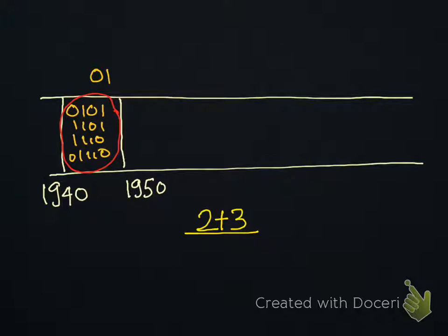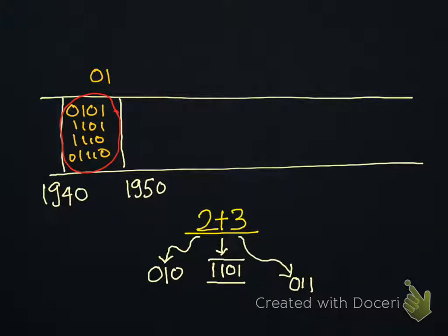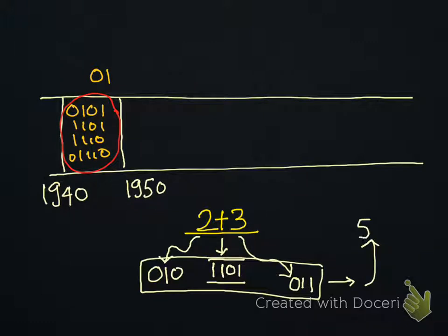But if you wanted to do the same thing using machine language, you would first convert the 2 into binary form, convert the 3 into binary form, and the plus operator would also have some binary symbol. I'm just assuming it is the binary symbol for plus. Then I would feed this entire string to my computer and it would give me a result which I would again decode back and get my answer 5.